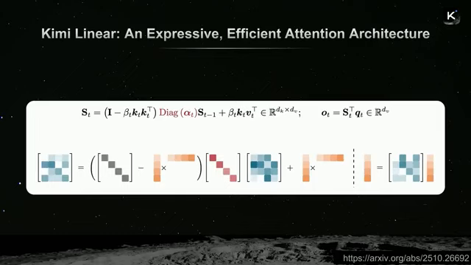So we introduced this key idea of having a fine-grained decay factor as shown in this highlighted alpha term. Instead of being a scalar, it's going to be a diagonal matrix, which controls the decay rate for each channel, so that we can have two possibilities.